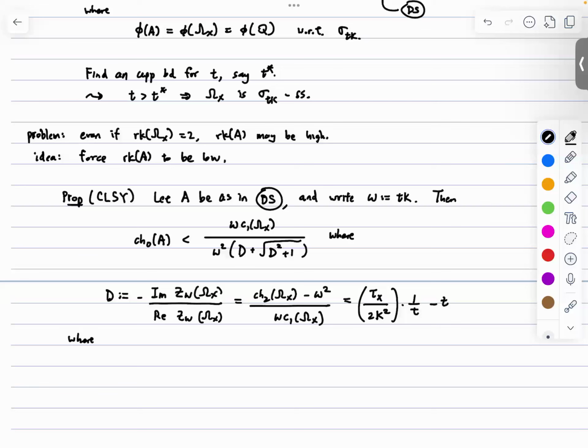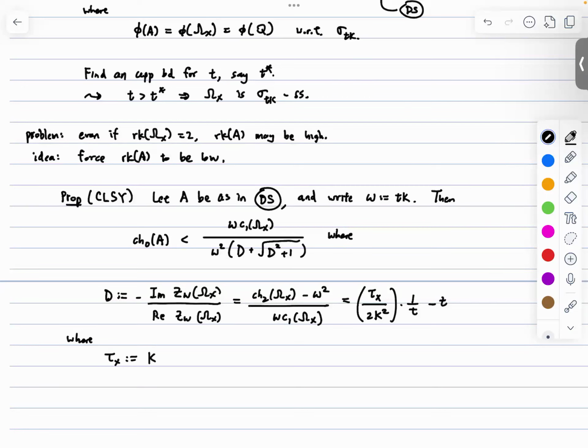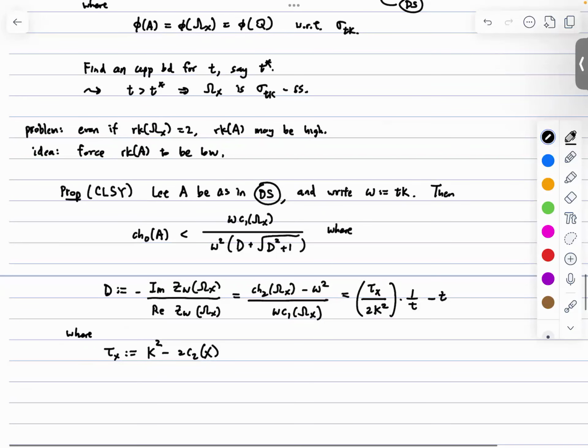And we write it this way because this number tau seems to carry a special meaning. We know it carries a special meaning. So tau is defined to be K squared minus twice the second Chern class of the surface, or of the tangent bundle. And this is a number that comes up a lot in all these calculations for stability conditions.